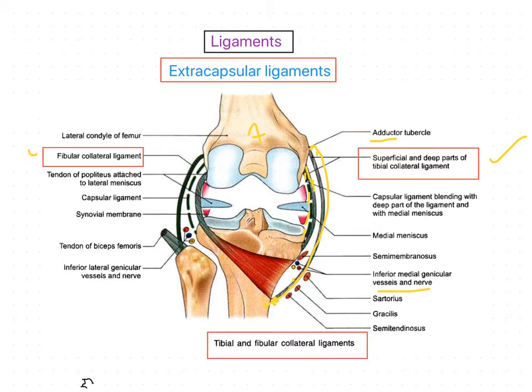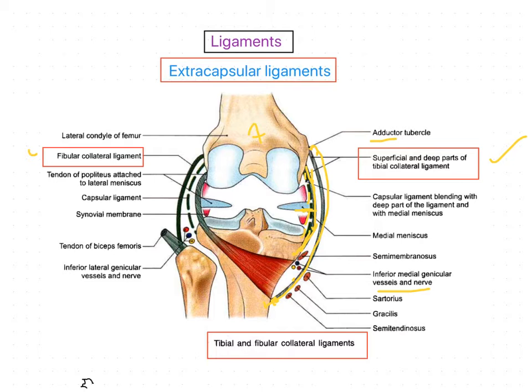The inner one, the posterior part or deep part of the ligament, is short and blends with the capsule and also with the medial meniscus. It is attached to the medial condyle of the tibia above the groove of the semimembranosus. So this is about the tibial collateral ligament.